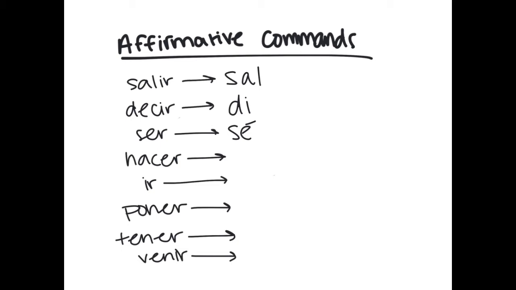For hacer, if you want to tell someone to do something or make something, you're going to use haz with a z. For ir, if you want to tell someone to go, you'd say ve. For poner, to put something somewhere, you'd say pon. For tener, to have something, you say ten. And for venir, to come, you'll say ven.